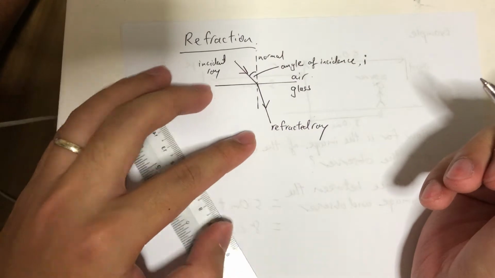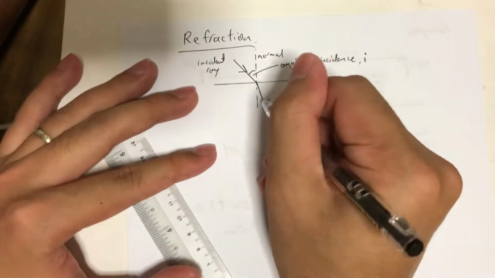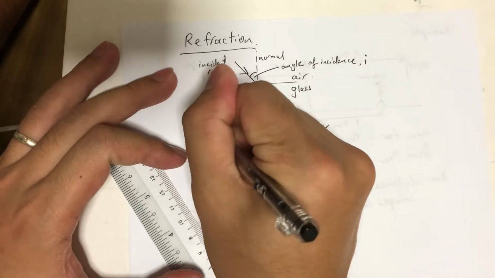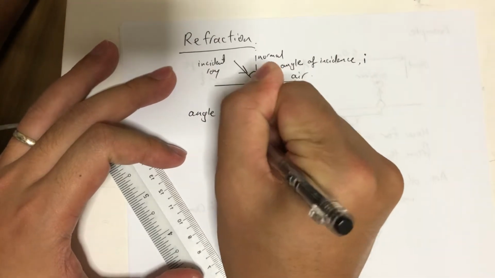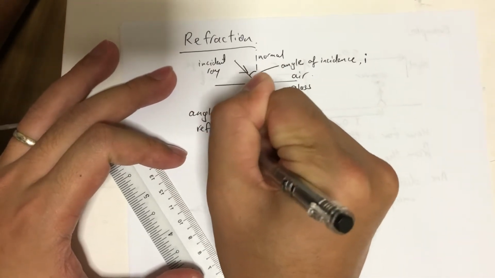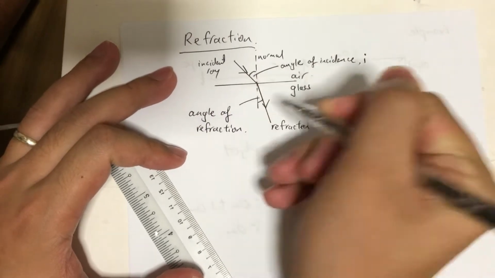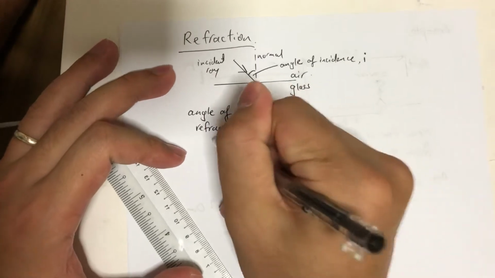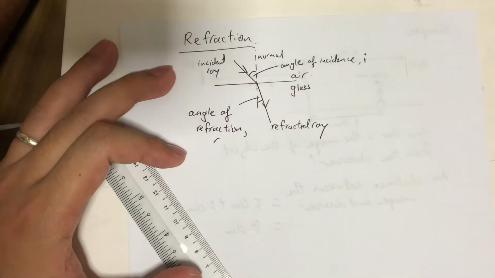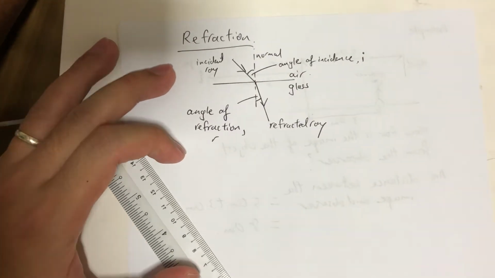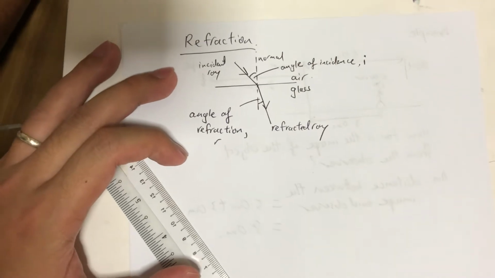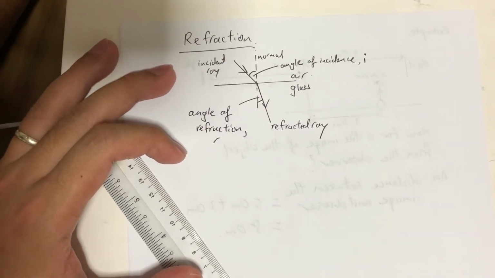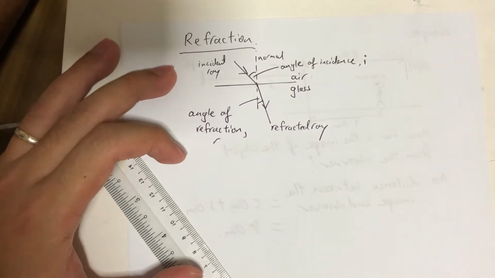Refracted just means the bending of light. Down here, this angle is now called the angle of refraction. Notice that whenever we mention the angle of something, angle of refraction, angle of incidence, angle of reflection, it's always the angle that is in between the normal and the ray itself that we are referring to.